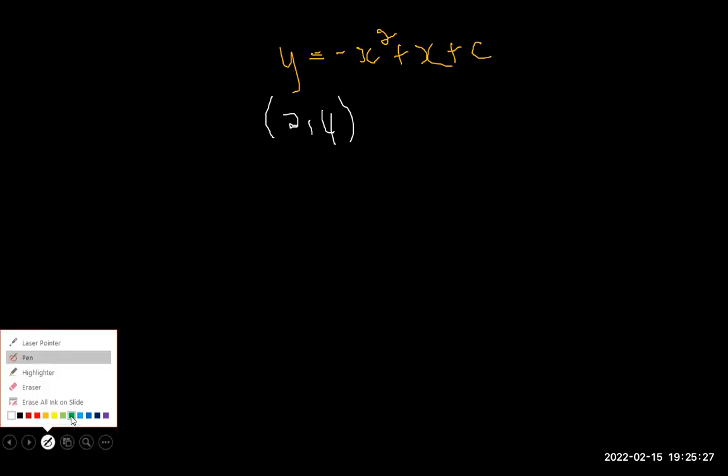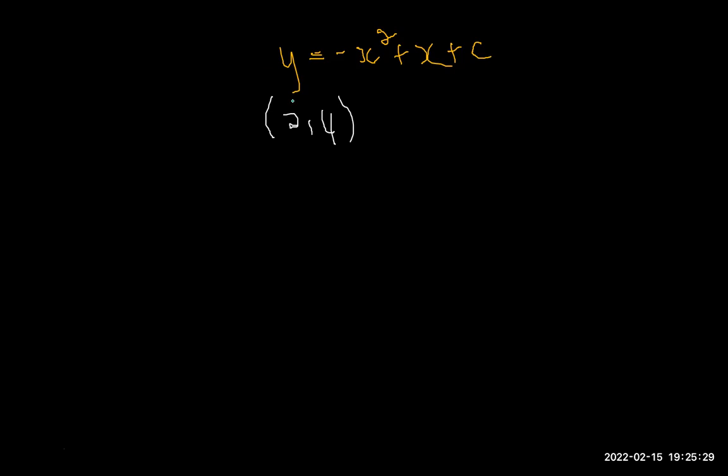So what values am I substituting? On the Cartesian plane, coordinates are of the form (x, y). So the 4 is my y value, and the 2 is my x value. Using these two values, I'm going to substitute them into here to find my value of c.